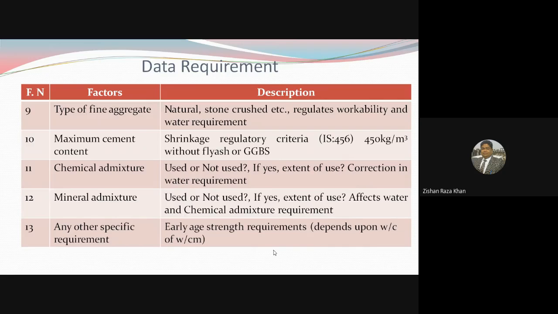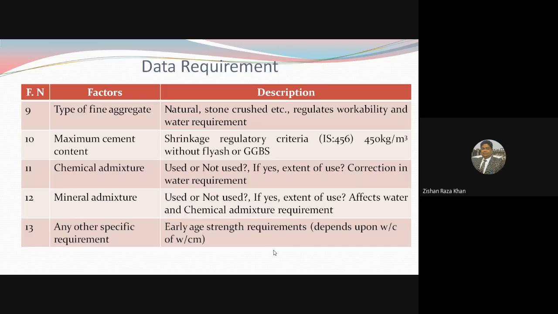But nowadays, because of cost and environmental concerns, stone dust is also highly utilized. Stone dust is quite rough in nature, so when we use it as a fine aggregate, it affects the workability. Okay, so we need to consider it.